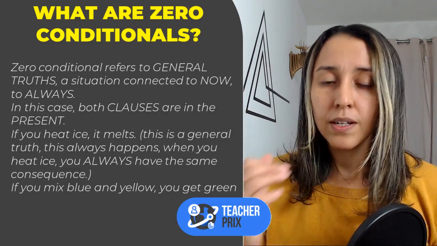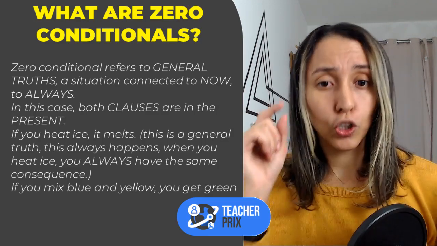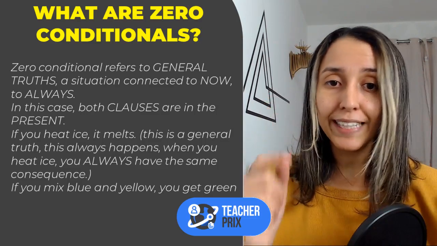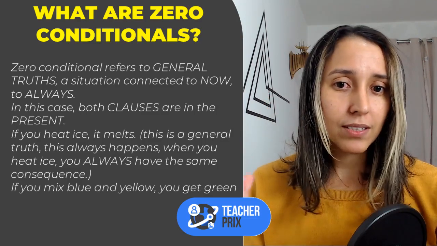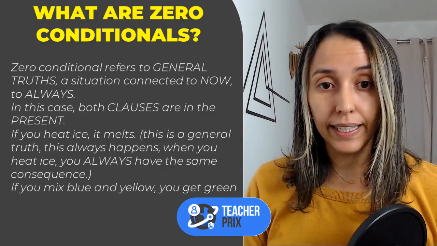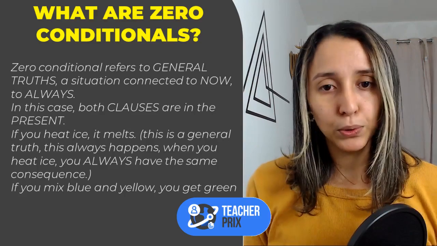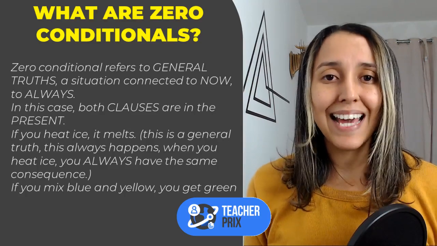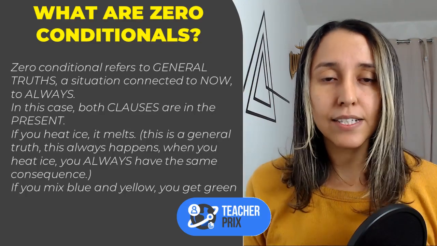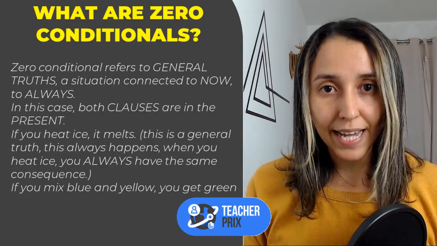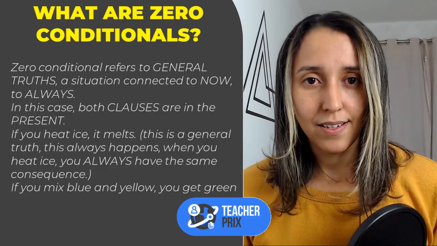Another example, if you mix the color blue and the color yellow, what's the result? You get green, okay? So here, it doesn't matter. If I mix blue and yellow, I get green. This is a general truth. This is connected to always.